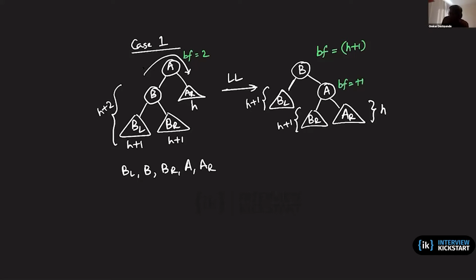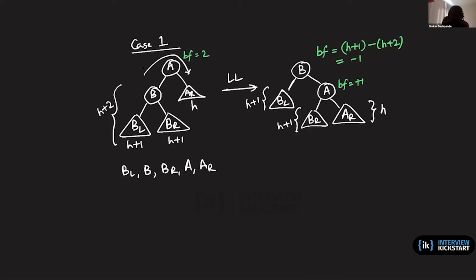The right subtree has a height of H plus 1 plus 1, or H plus 2. So the balance factor of B is now minus 1, which is fine. It's a valid value. We have to look at the height though.